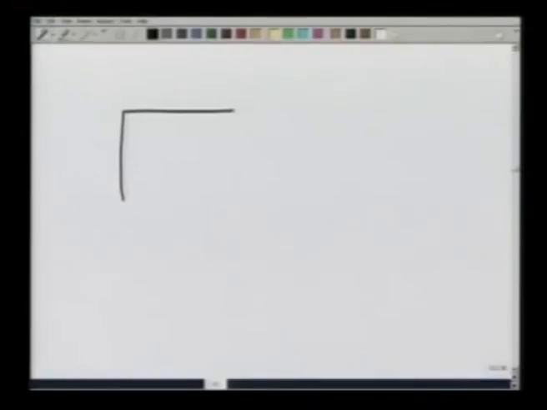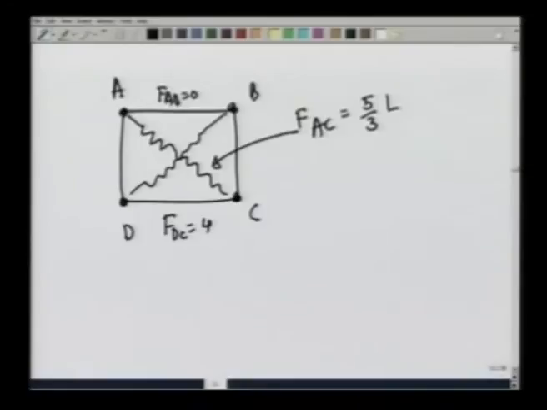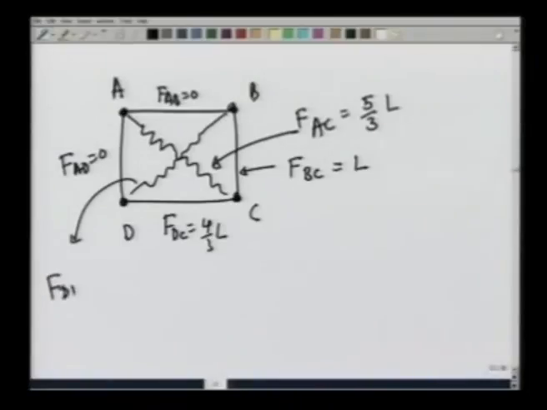What we have found on this frame, A, B, C, D: FAB is 0, FAC is 5/3 L, FDC is 4/3 L, FBC is equal to L, FAD is equal to 0, and FDB is equal to 0.